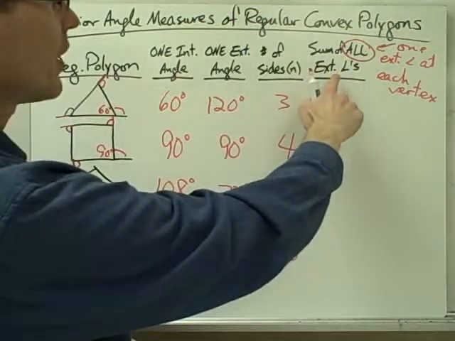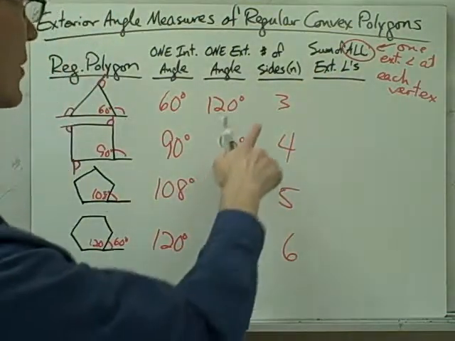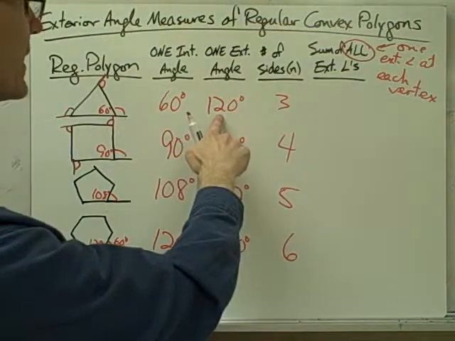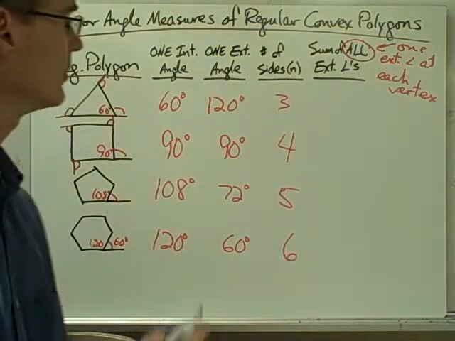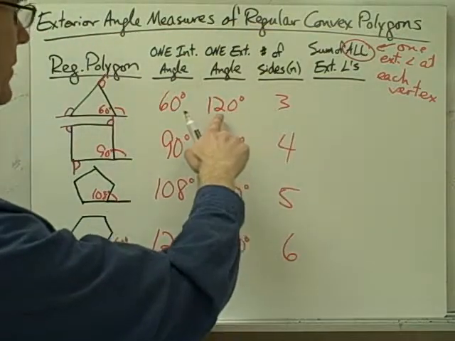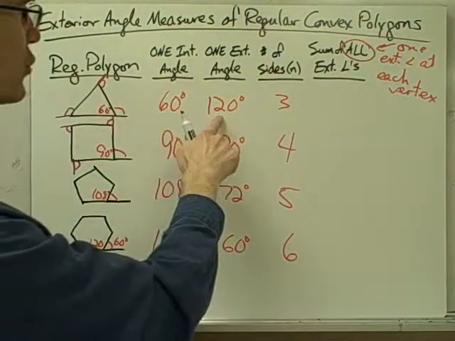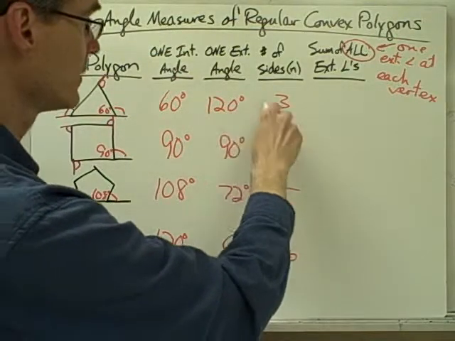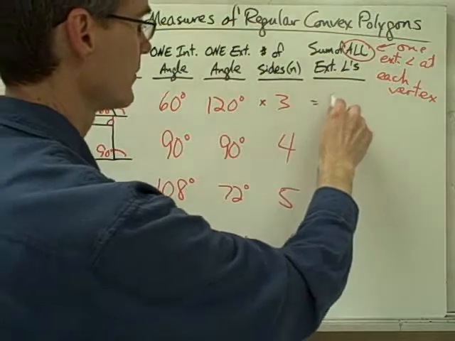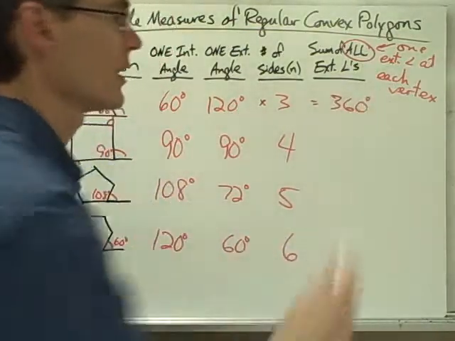So the sum of all of the exterior angles: I have 3 exterior angles on this three-sided polygon, my triangle, and each exterior angle is 120 degrees, so the sum of all of them is going to be 120 times 3, or 360 degrees.